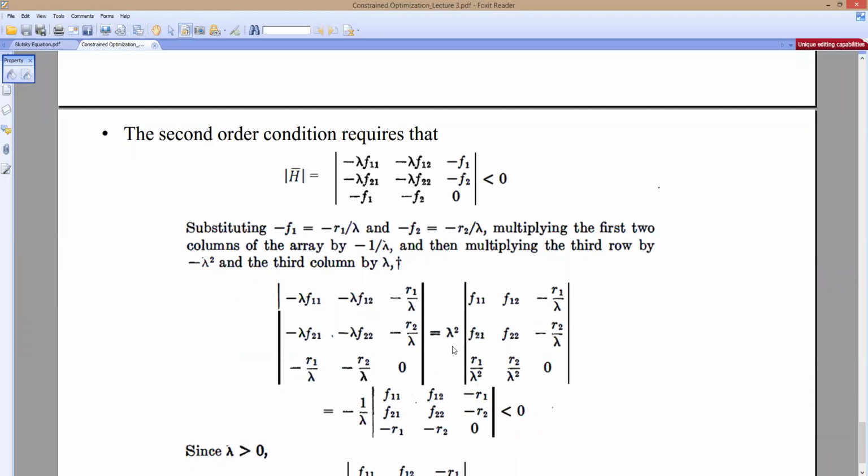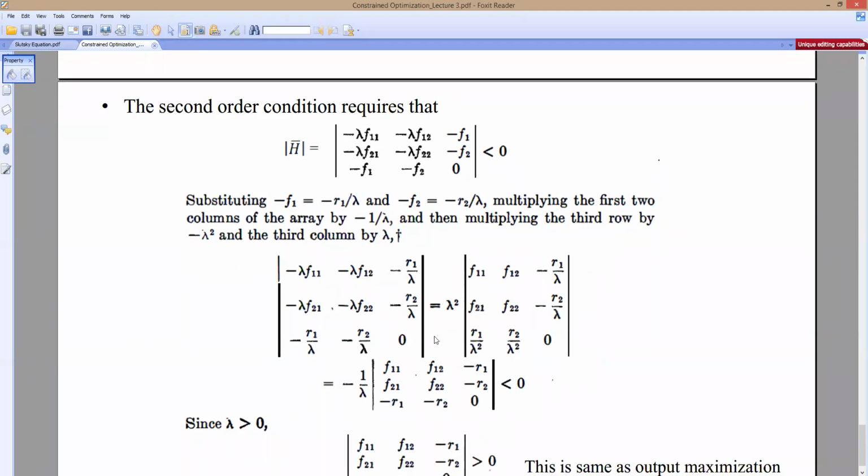Finally, if we multiply this by lambda square, actually what we are doing is multiplying the third row by minus lambda square and third column by lambda, we are getting this expression. Actually, we are doing these things to get the similarity between the two exercises.